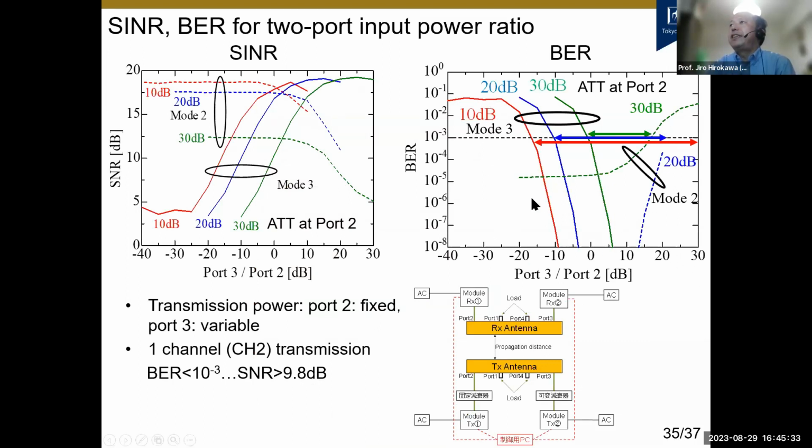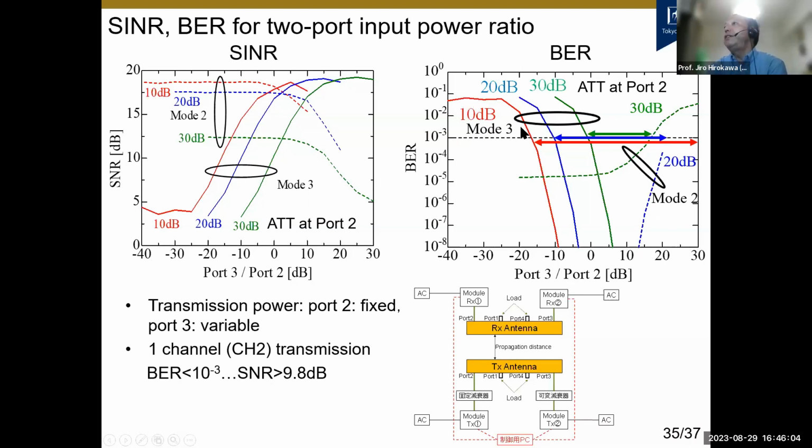The right figure shows the bit error rate as a function of the ratio of the port 3 interference over the signal of port 2. The horizontal axis is the level of the interference over the signal level.